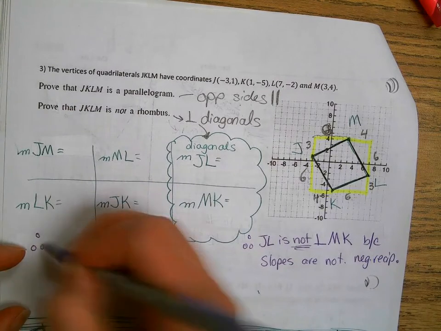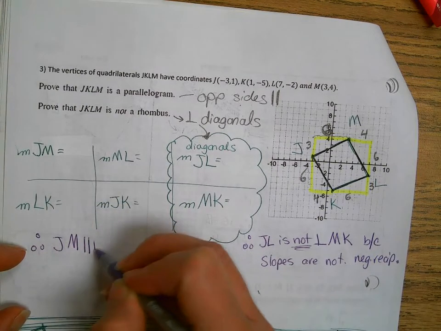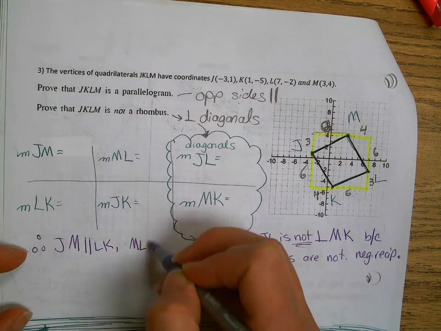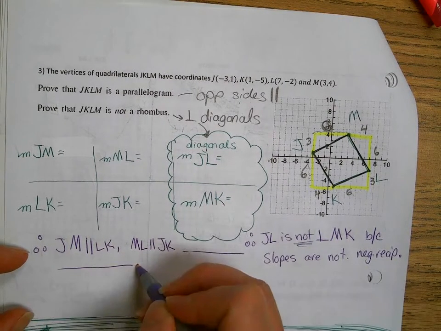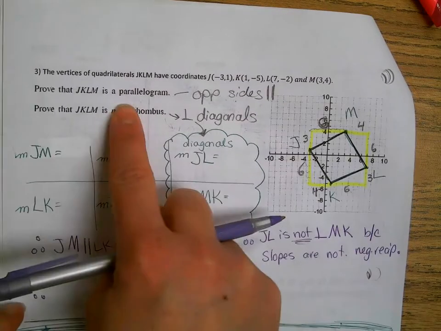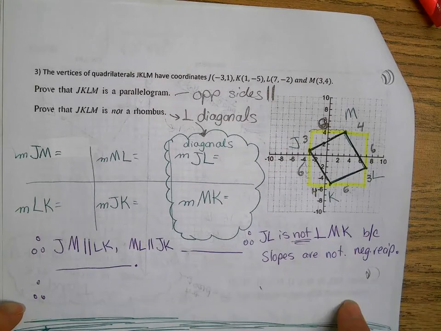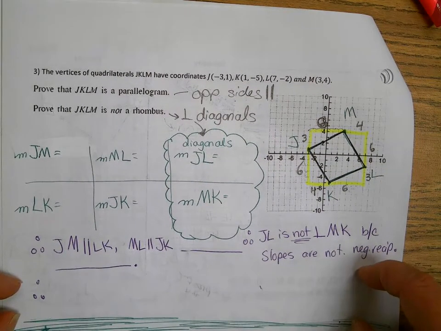So you would have had a conclusion here that JM is parallel to LK and ML is parallel to JK because slopes are equal. And then you would have had one more conclusion to call it a parallelogram, but not a rhombus because only opposite sides are parallel, diagonals are not congruent. So there would have been a longer statement here.